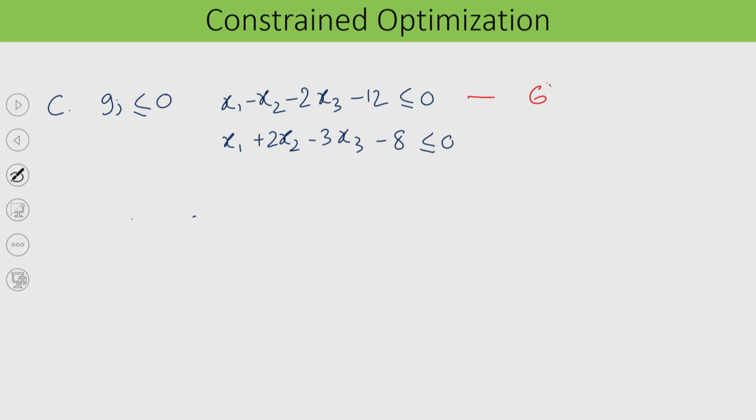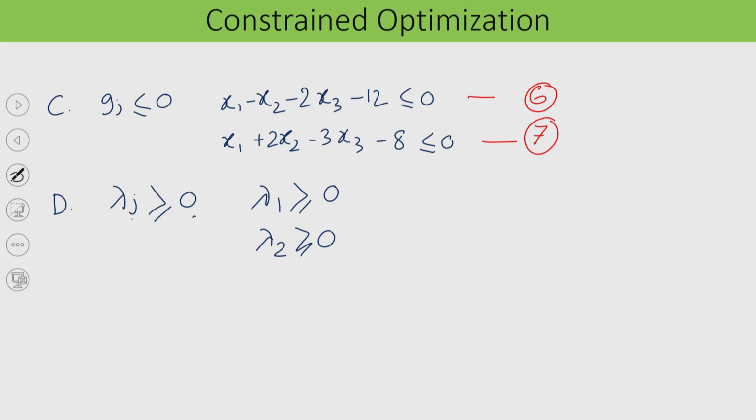This is 6 and this is 7. Now, applying the next condition, lambda j should be greater than or equal to 0, I get lambda 1 greater than or equal to 0 and lambda 2 greater than or equal to 0. This is 8 and this is 9.